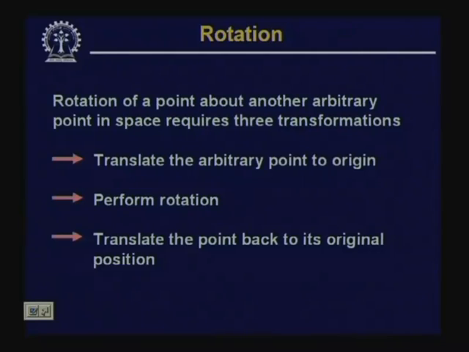Then coming to rotation, we have seen that translation and scaling in 3 dimension is very simple. It is as simple as in case of 2 dimension, but rotation in 3 dimension is a bit complicated, because in 3 dimension we have 3 different axes, x axis, y axis and z axis.